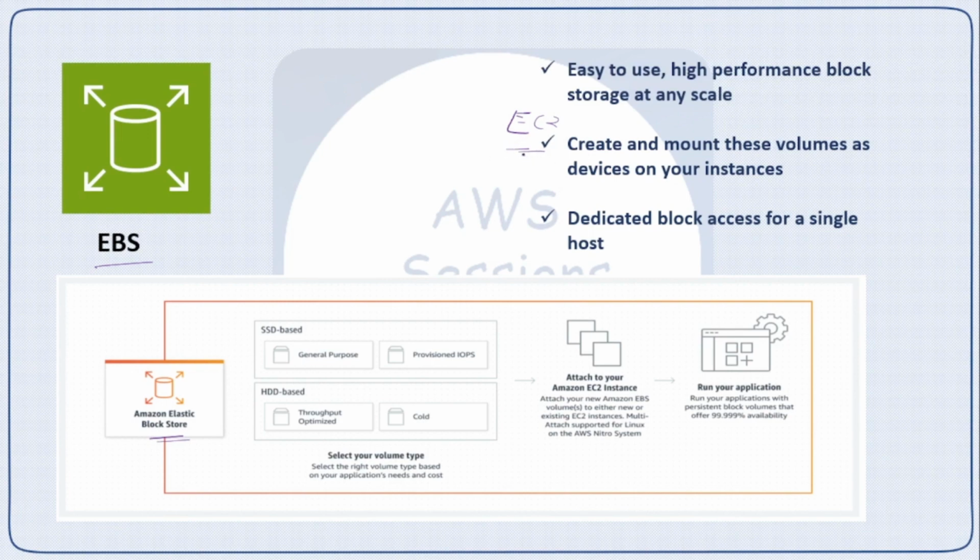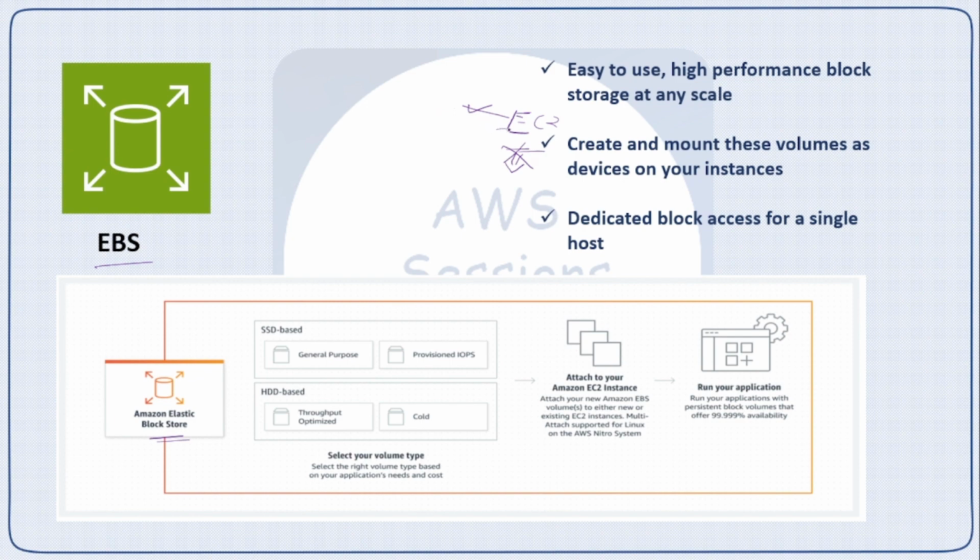What will happen to that data once your instance is terminated? If you do not need that data, then it is fine. But if you need that data, then there should be a mechanism to keep that data in a persistent way. There is a storage that is attached to EC2. We call it ephemeral storage. And that storage lasts only as long as your instance is running. Once your instance is stopped or terminated, your data will be lost.